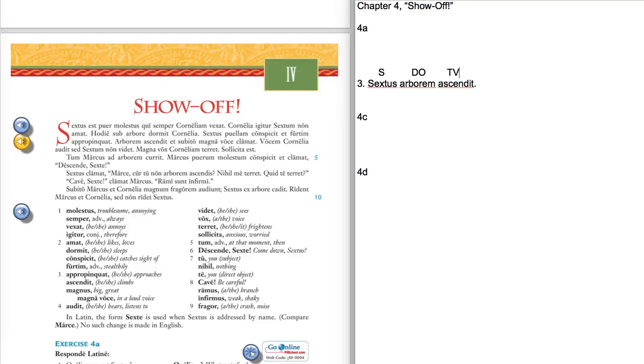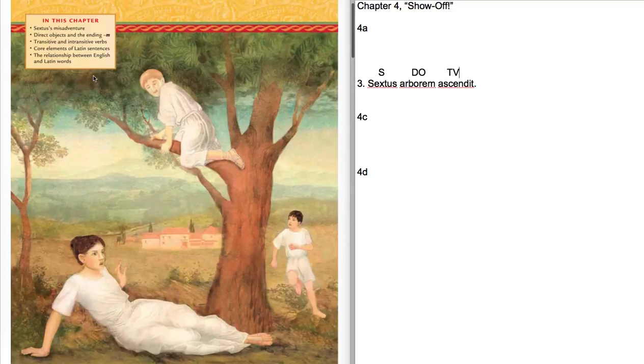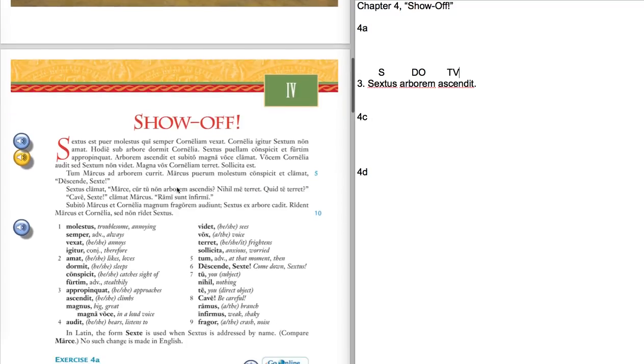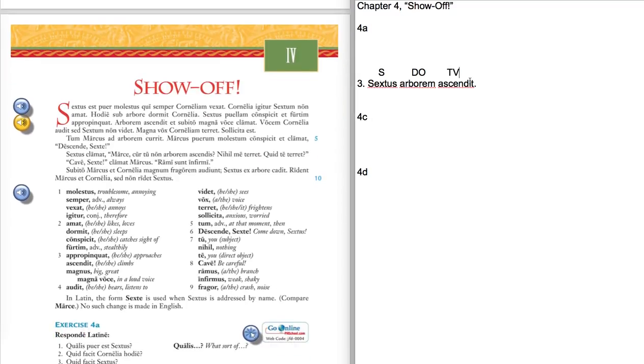I think there was mention made again here about transitive and intransitive verbs. So a transitive verb is a verb that is followed by or takes a direct object. Sextus climbs the tree. So if it has a direct object that it naturally sort of gravitates or gloms onto, that's called a transitive verb.